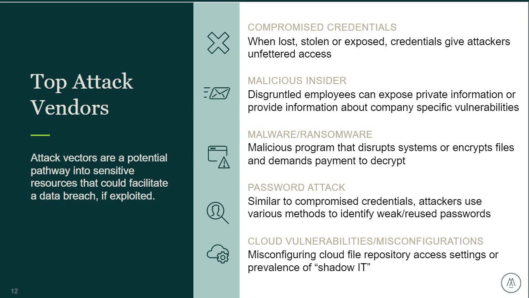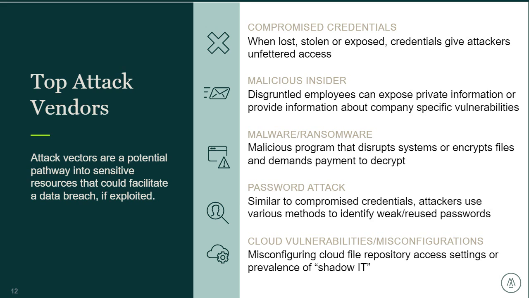But these vectors are basically ways that a person can get access to sensitive information. It's really what it comes down to. These are not in any kind of order, but they're all about trying to find a way to get information.